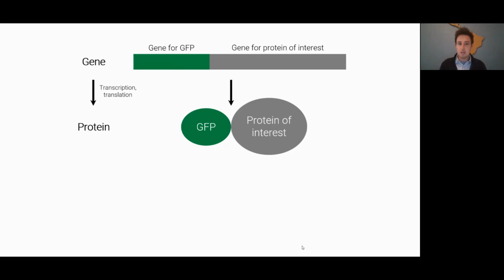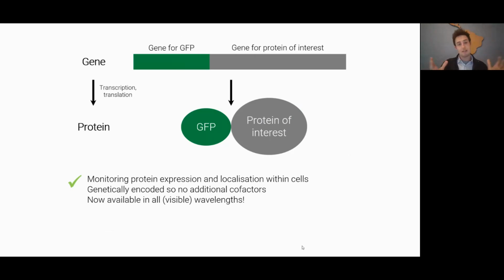So when the cellular machinery translates your protein of interest, it also transcribes and translates the GFP, which essentially is a tag or a marker or a reporter to tell us where your protein of interest is in the cell, which can be great for monitoring expression or localization of proteins within cells.